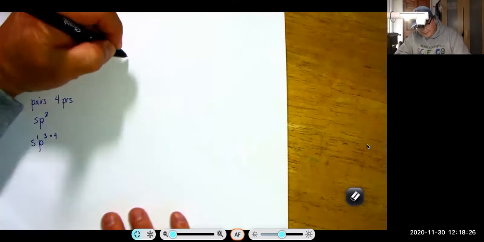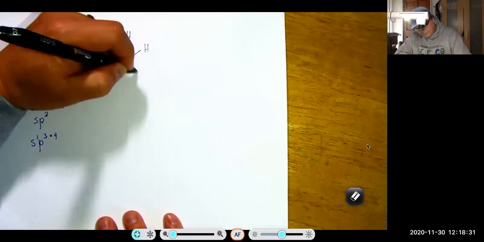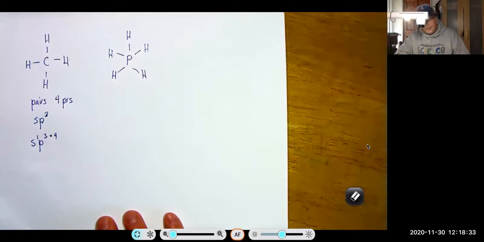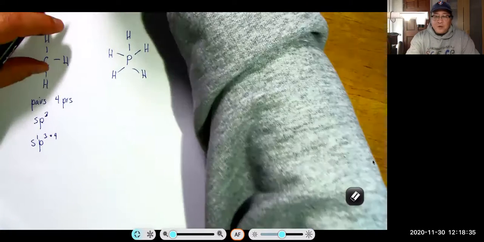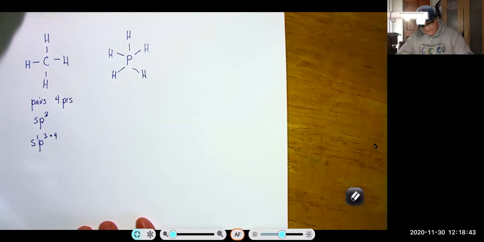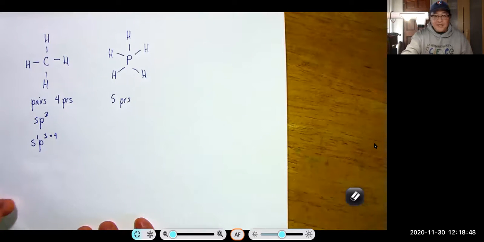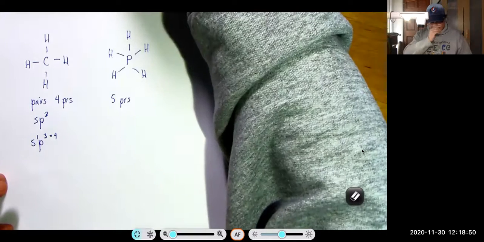What about this guy? Give me a thumbs up if you think there's 1 pair, 2 pair, 3 pair, 4 pair, 5 pair. Okay, 5 pair. So what's the hybridization? If you think it's SP, give me a thumbs up.